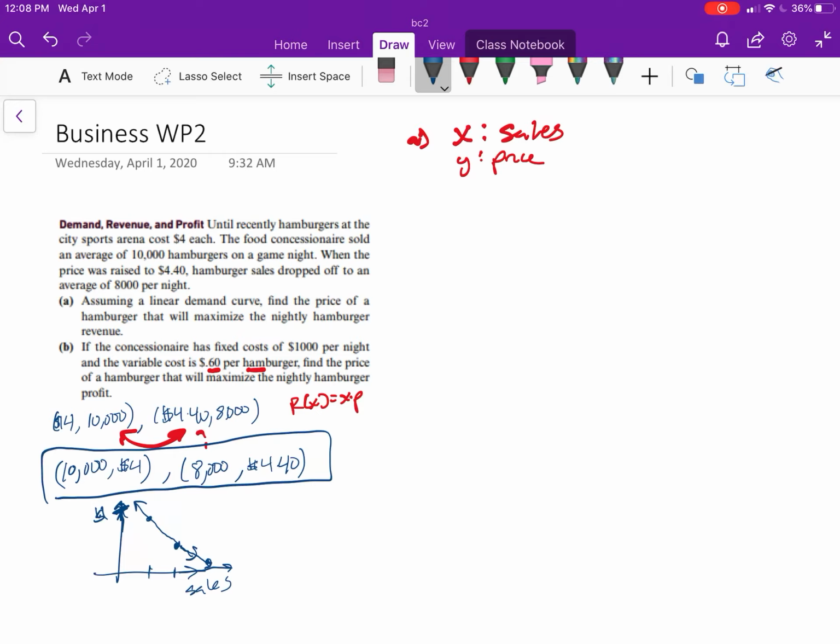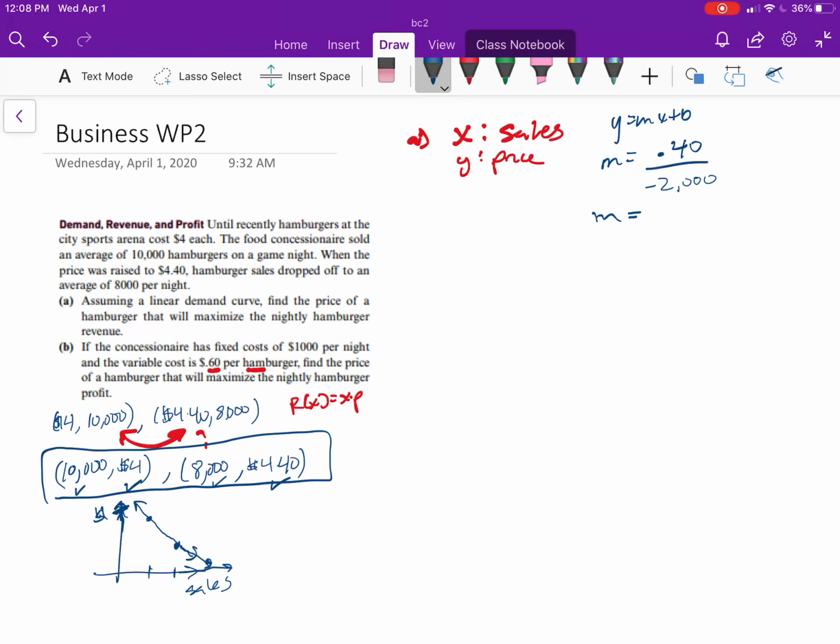So with that said, let's get our equation, a linear demand curve, y equals mx plus b. I know m is y2 minus y1 over x2 minus x1. So 4.40 minus 4, that's 40 cents, over 8,000 minus 10,000, so negative 2,000.